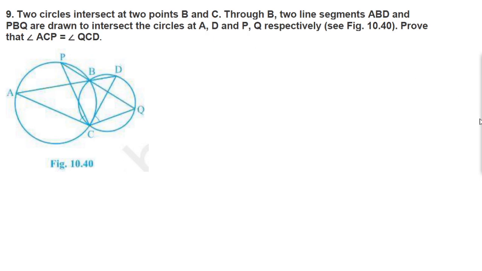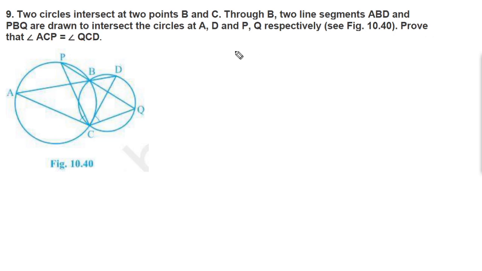So we have to prove something here. Prove that angle ACP is equal to angle QCD. Okay, we have to prove these two angles are equal. So let's try it.